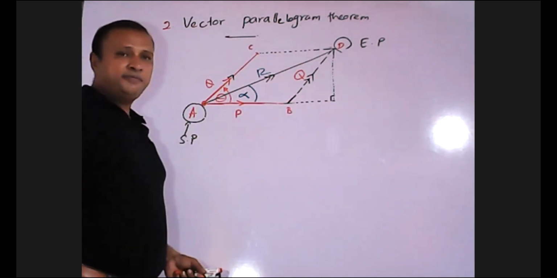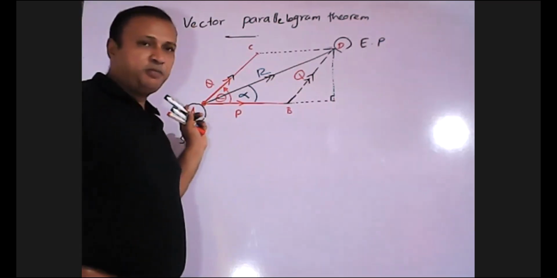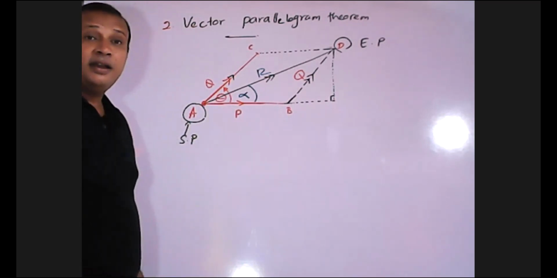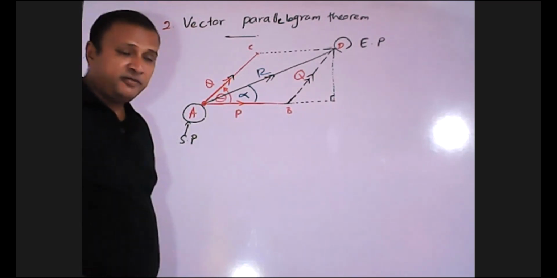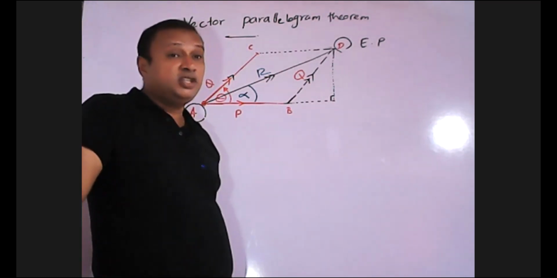This is something same as what we have done in the previous class, when we were finding the resultant vector using the vector triangle, vector addition theorem.